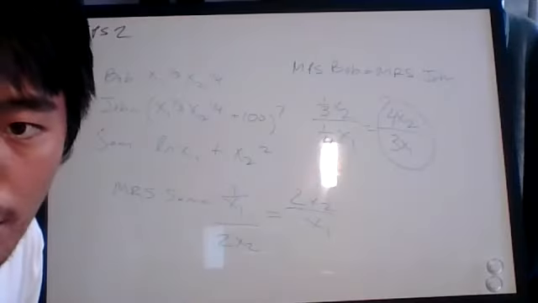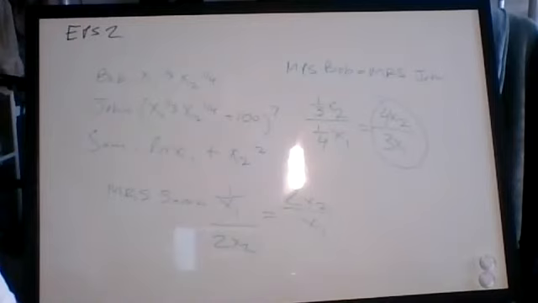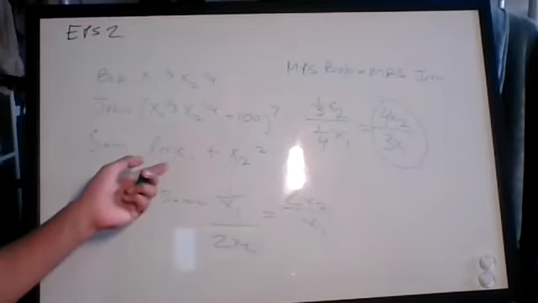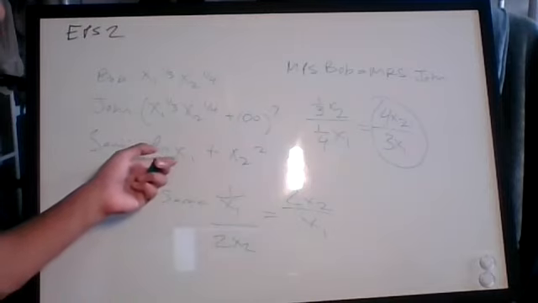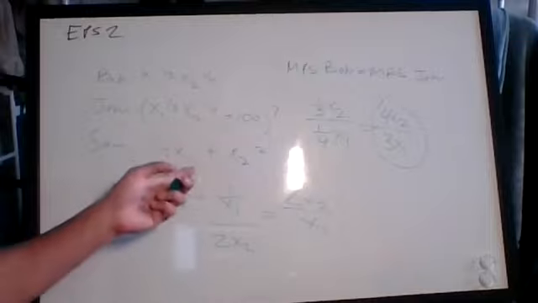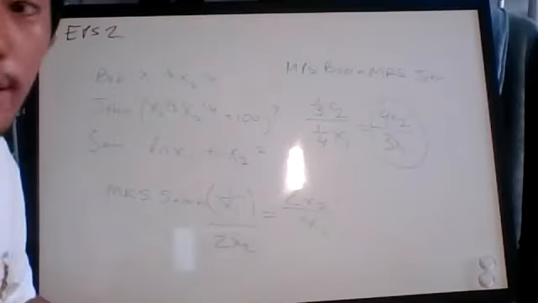There's a question from Raj about the MRS for Sam. So let's go through this. The marginal utility of good 1 is the derivative of the natural log, which is just 1 over x1. That's a good question.